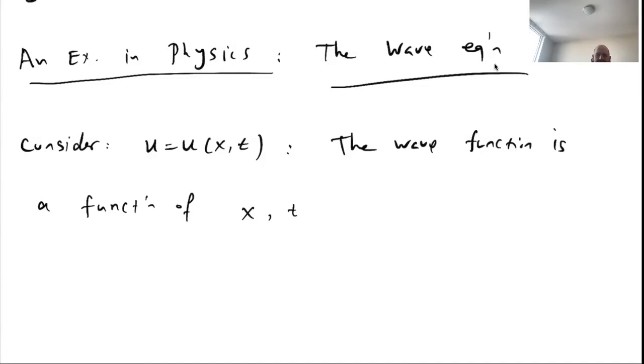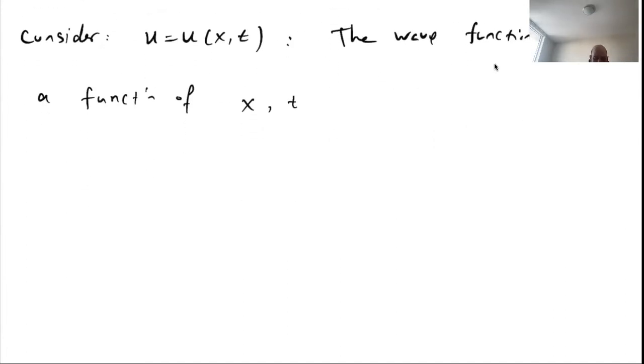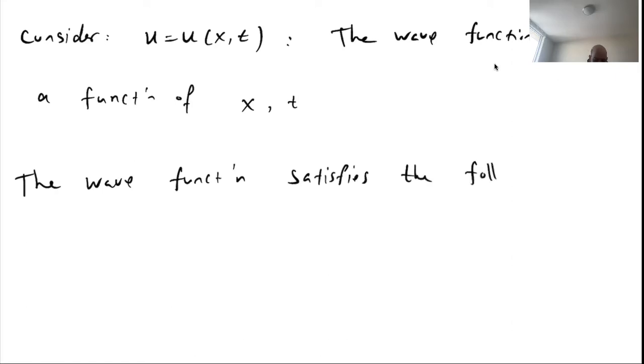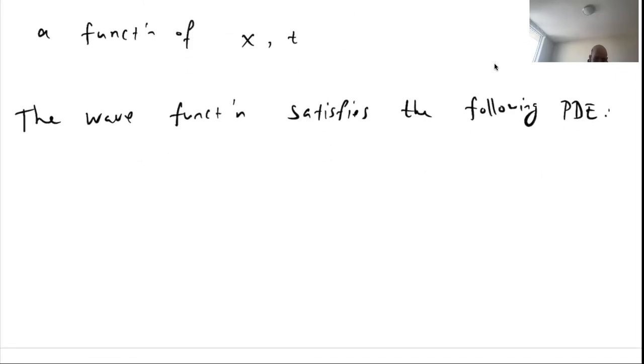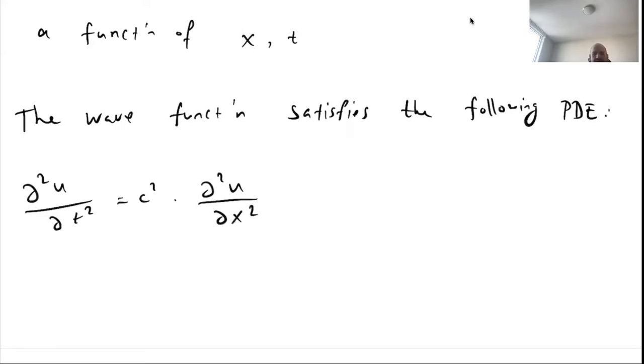In physics, it can be shown that the partial differential equation that the wave function u satisfies is the following PDE. Basically, the second derivative of u with respect to t equals c squared times the second derivative of u with respect to x. So this is the PDE for a wave function.